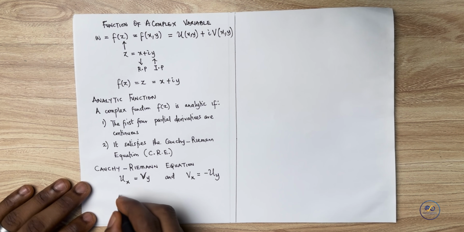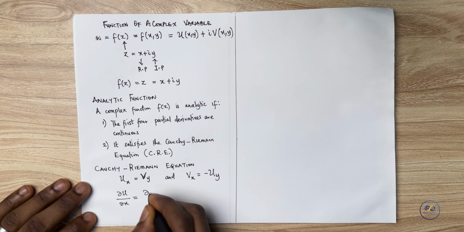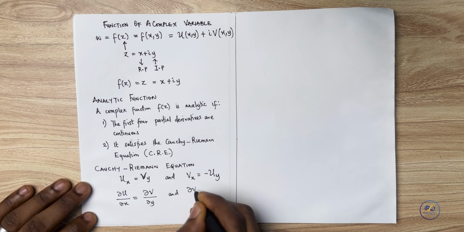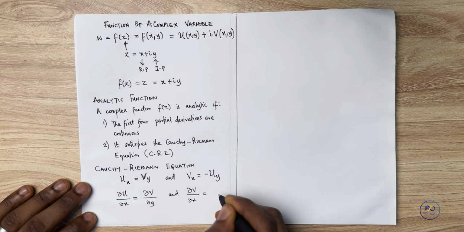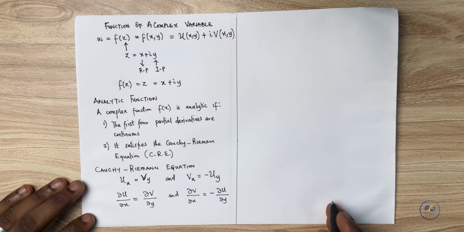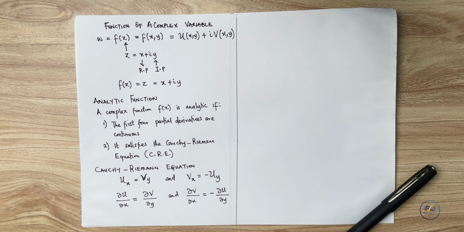If you want to write them in full, you can write them as del u del x equals del v del y, and del v del x equals minus del u del y. These are the Cauchy-Riemann equations.